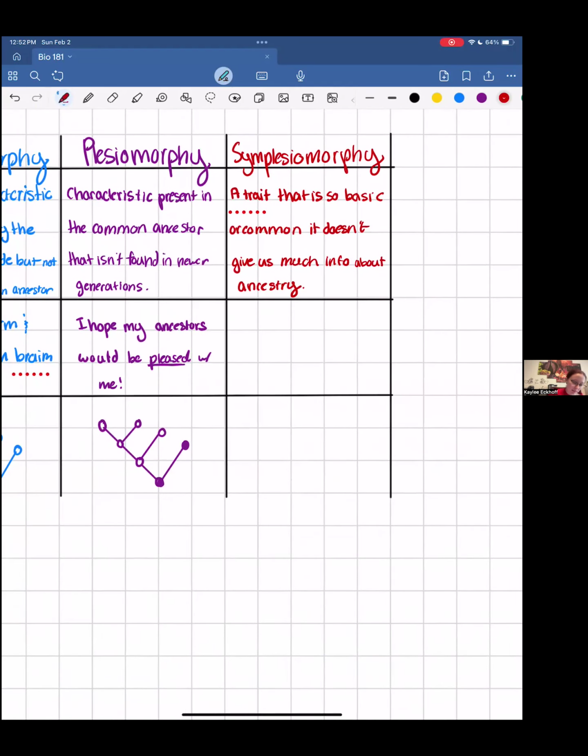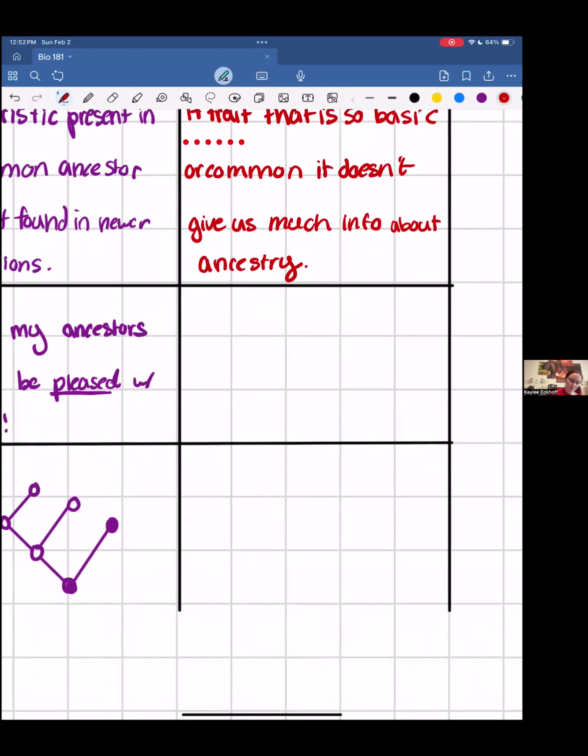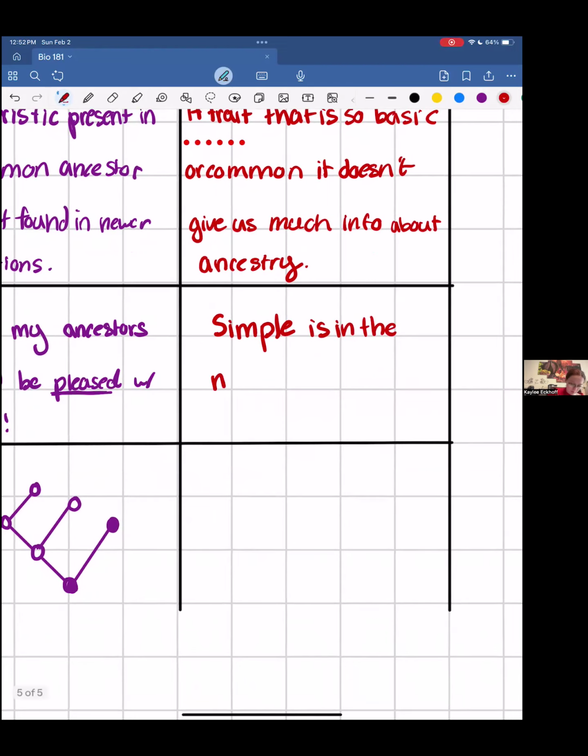And then for synplesiomorphy, it's a trait that's so basic or common, it doesn't give us much info about the ancestry. It's in the name, like simple is in the name. So you think, it's so simple, it's not helpful.